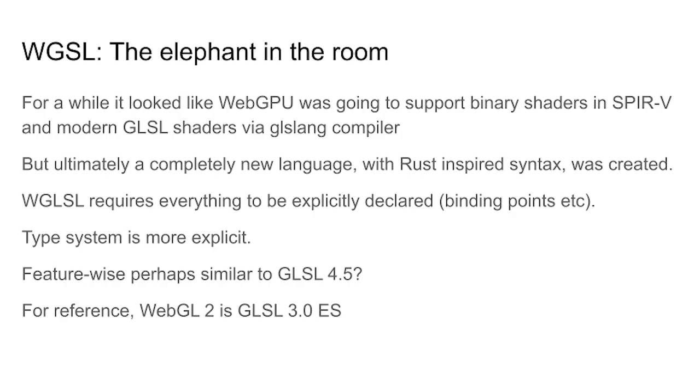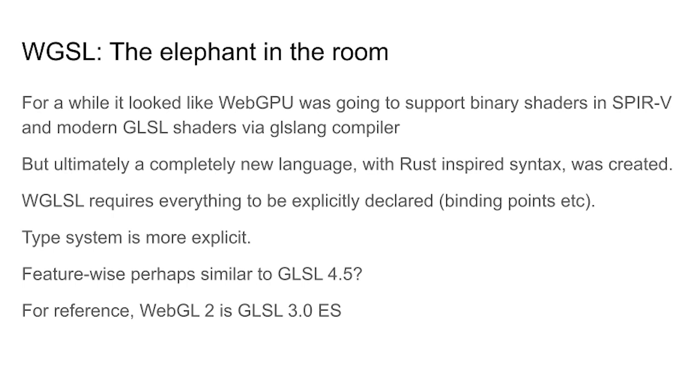The elephant in the room is shaders. So we already mentioned that we have a new shading language. We've been building up a sophisticated shader assembly, shader module system on top of GLSL.